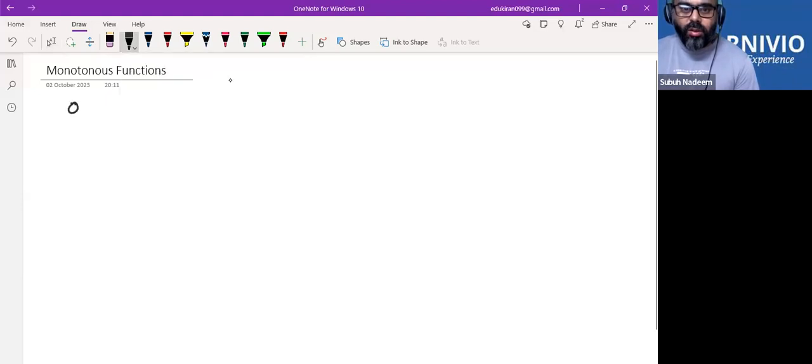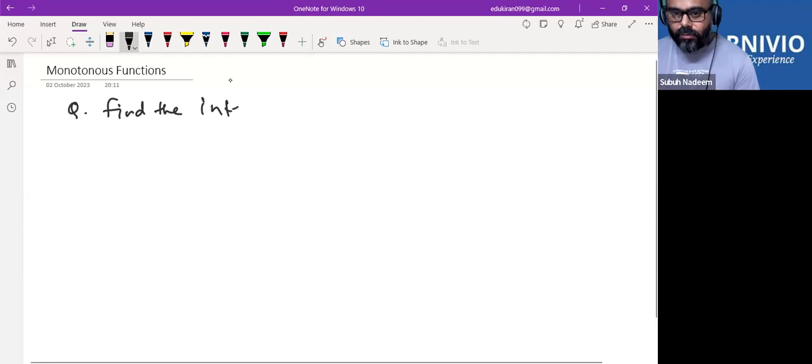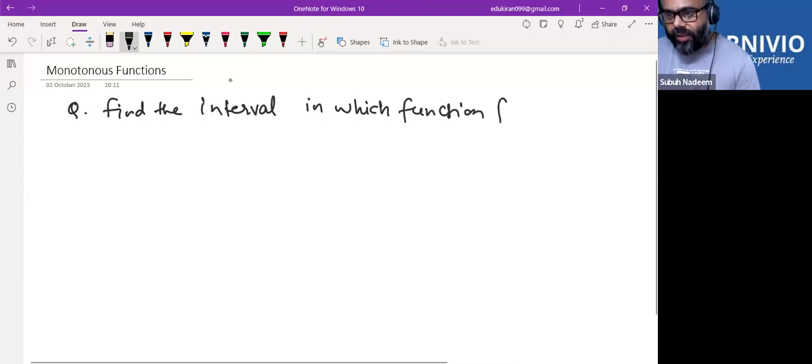So find the interval in which function f(x) is equal to sin x plus cos x.